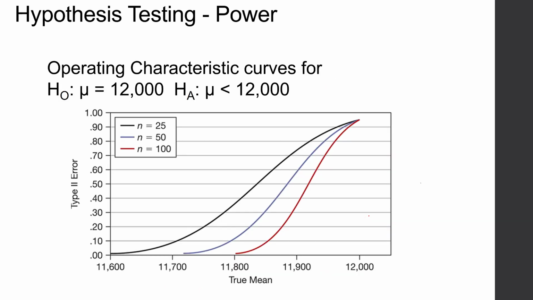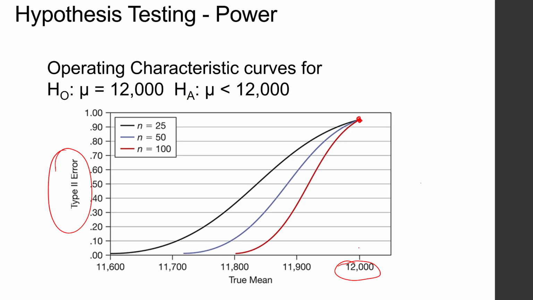Now, there's a different way to look at a power curve, and that's through something called an operating characteristic curve. And this is where you put the type 2 error rate on the y-axis instead of the power. And a type 2 error is the complement of power, so it's just flipped upside down. So again, your null hypothesized value is going to be where these lines meet.